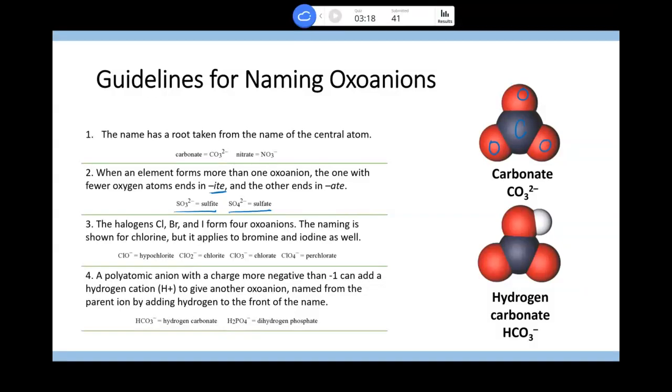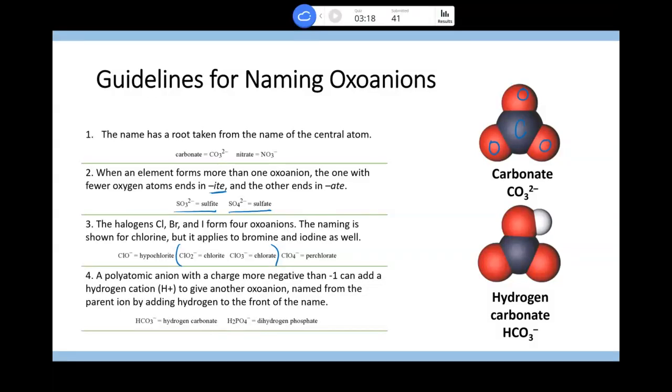For halogens specifically, they can form 4 oxoanions. The naming here is shown for chlorine, but this would apply for bromine and iodine as well. In the center, we have the 2 that align with what we just talked about. ClO2 minus is chlorite.